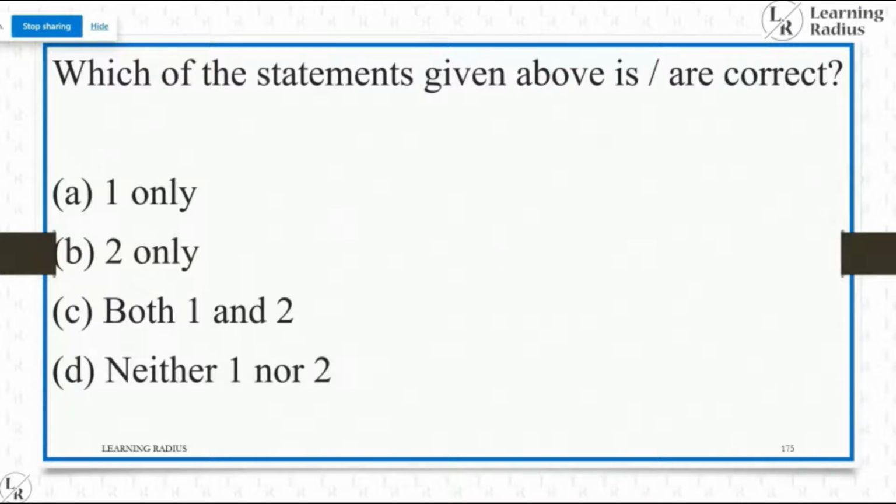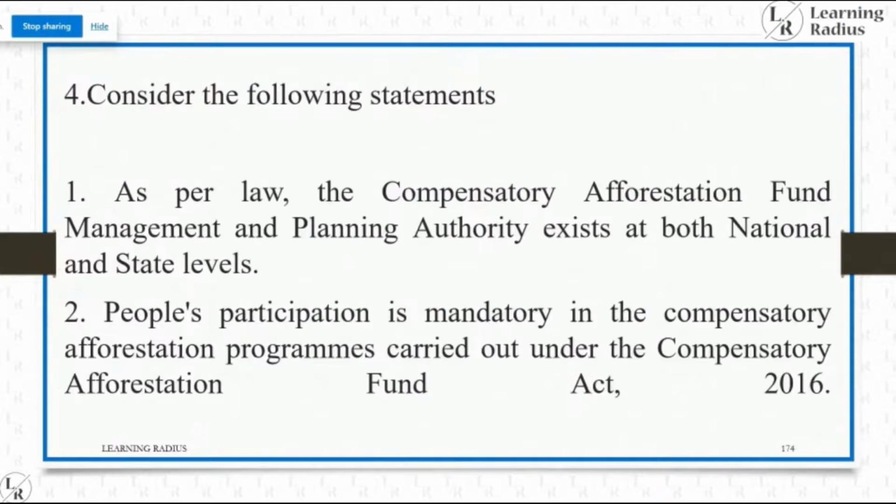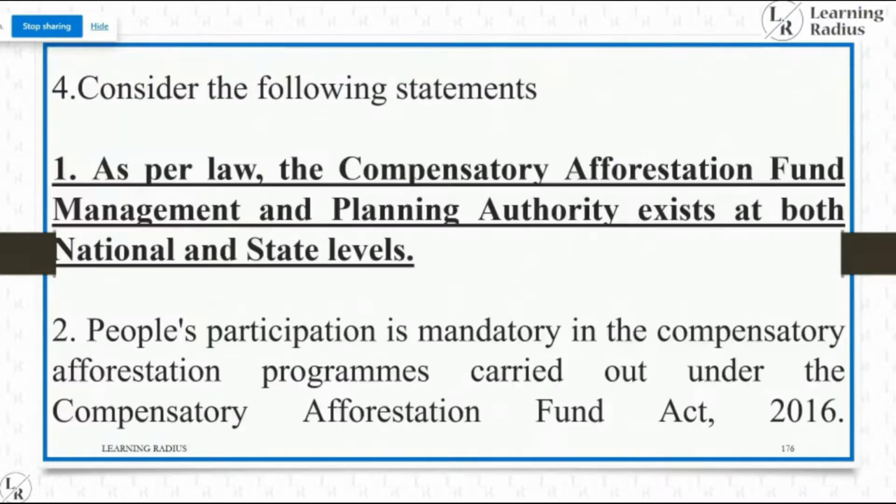Now, it's basic common sense because people's participation is mandatory in the Compensatory Afforestation Program carried out under the Compensatory Afforestation Fund Act 2016. People's participation is mandatory. Obviously, absolutely wrong. As per law, the Compensatory Afforestation Fund Management and Planning Authority exists at both national and state level. Everybody knows that it exists both at state and national level. So the first statement obviously is right and second statement is absolutely wrong. So it is 1 only.